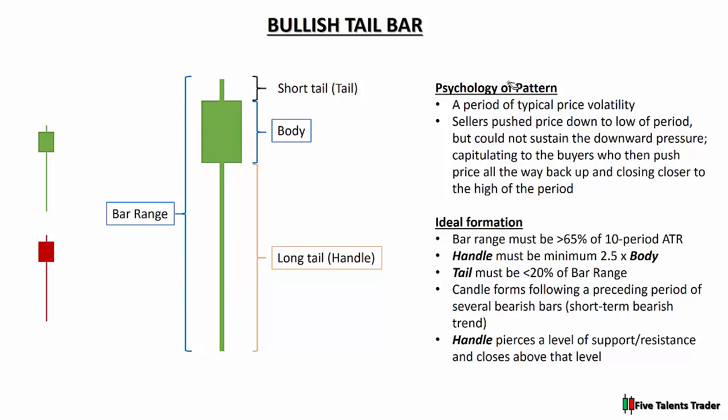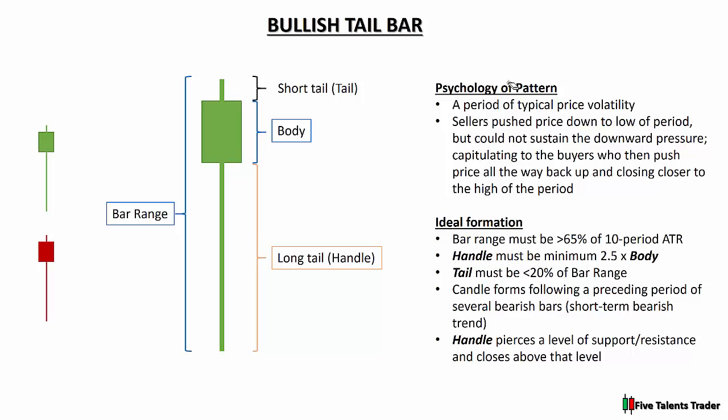Now, what is the psychology of this pattern? The psychology of the pattern is a period of typical price volatility. So the tail bar has got to be either higher or the same, similar to the typical average range of the currency pair.